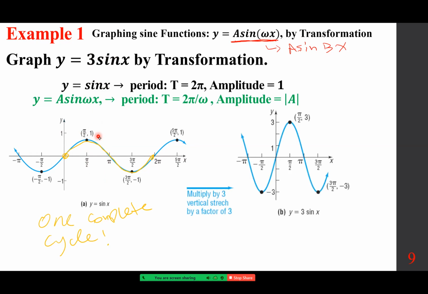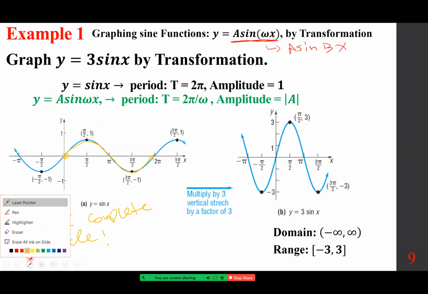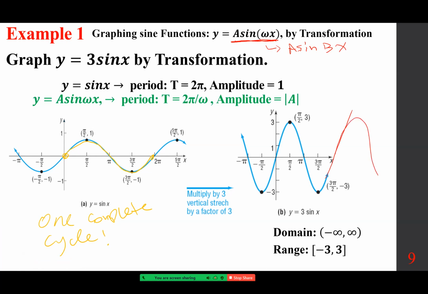So what does it mean? We have exactly the same domain. But what about the range? The range was negative 1 to 1, but now it's negative 3 to 3. So the domain hasn't changed, but the range has. With the transformation, this continues on and on indefinitely.